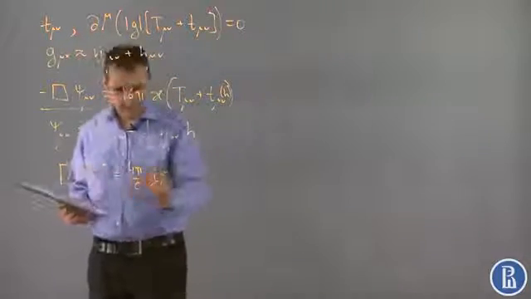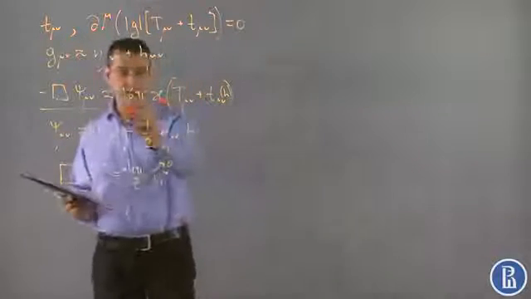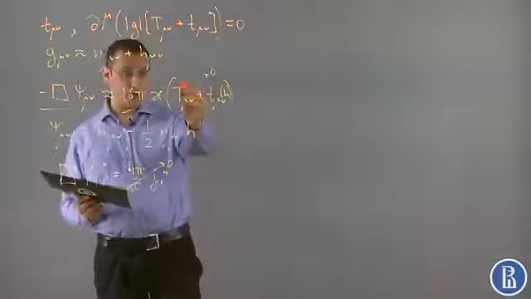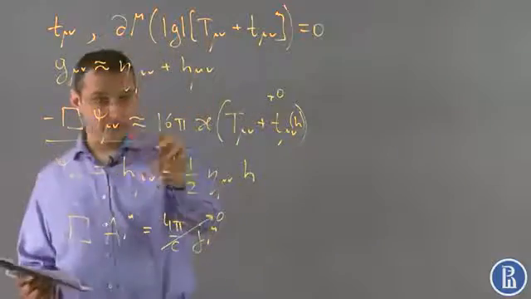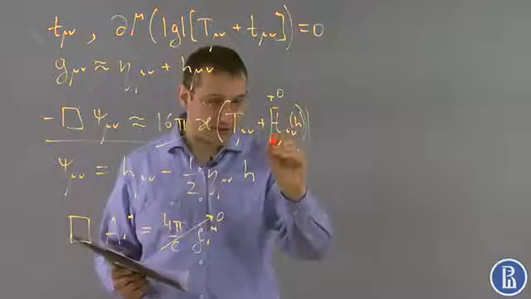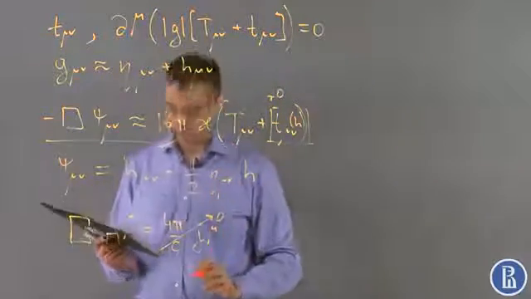Free electromagnetic waves are obtained when the right-hand side is 0 here, and free gravitational waves are obtained when this part is 0. So no sources for the gravitational waves. We're first going to solve the equation with the right-hand side equal to 0, and then we're going to consider this quantity for the gravitational waves. That's what we're going to do now.